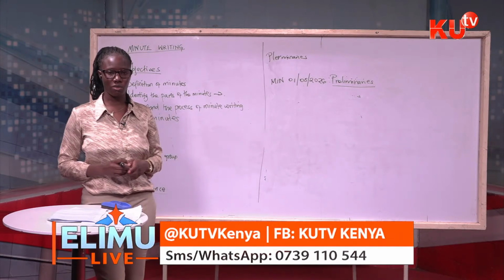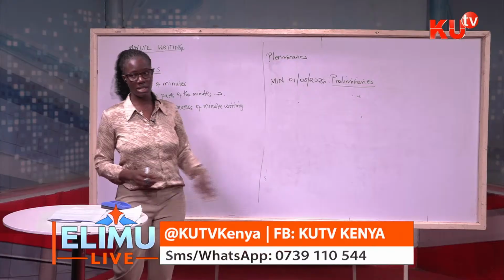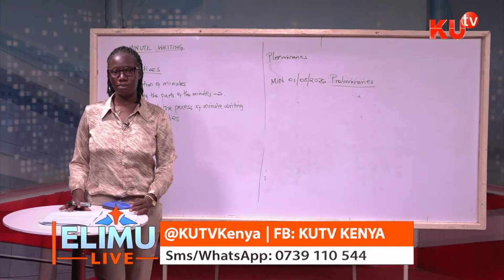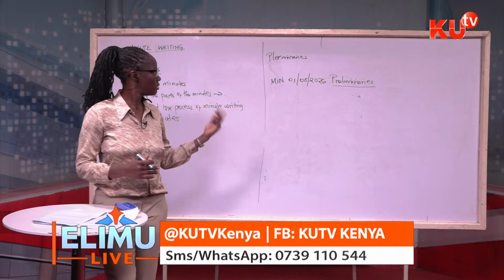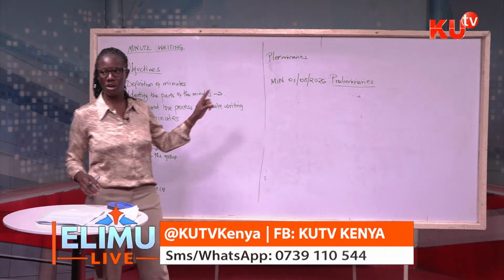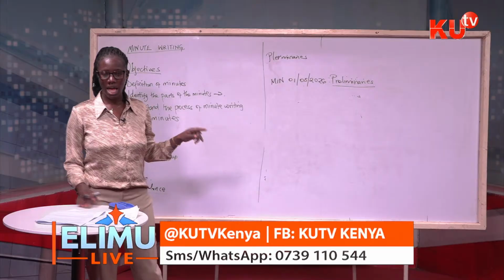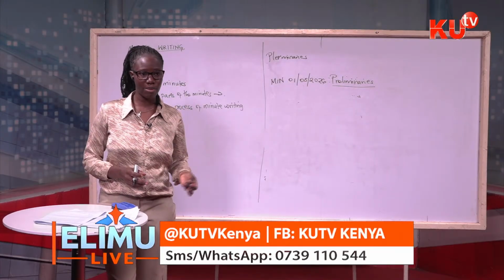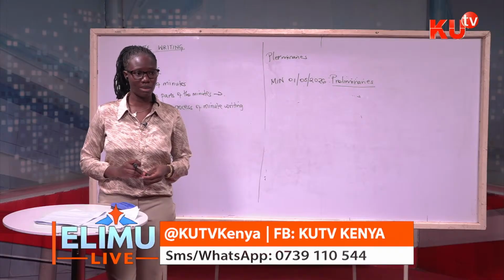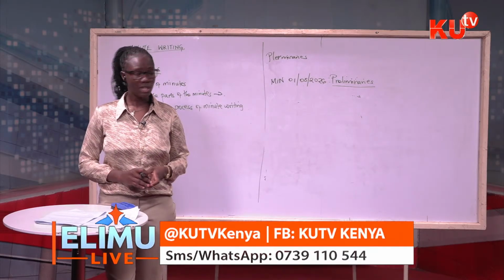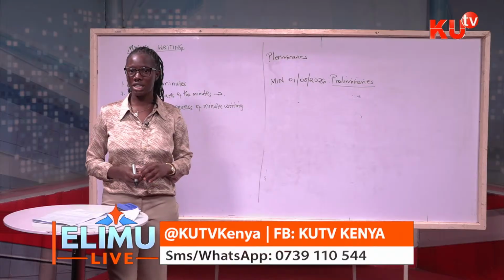So under preliminaries, this is where you will write the opening remarks and introductions. Maybe you can write that the meeting started with a word of prayer from one of the members who are present, and then you go to the introductions. The chairperson asks the members to introduce themselves before the visitors. So that is what you will capture under preliminaries.